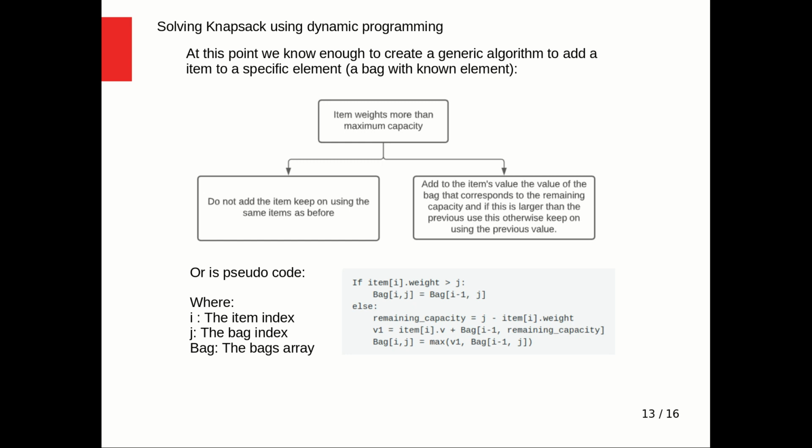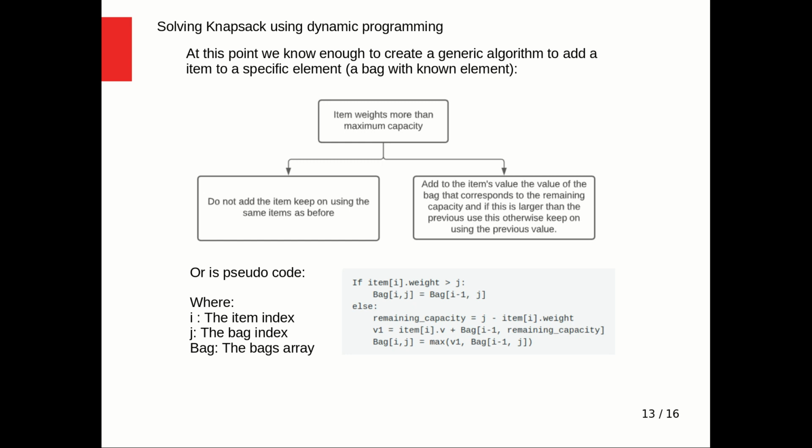So if the item weighs more than the maximum capacity of the bag, we don't do anything. We just leave the bag as it is and we carry on the maximum value. In the opposite case, that the item's weight is less or equal to the capacity of the bag, we have 2 choices to pick from.